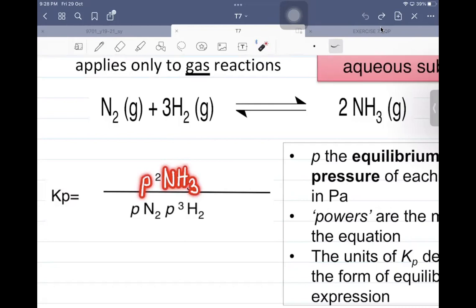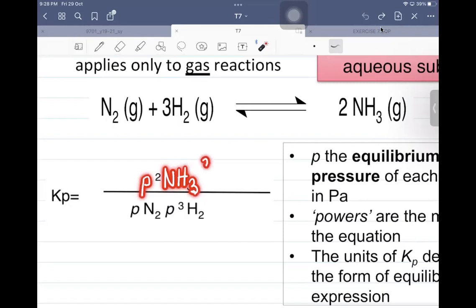Now for partial pressure, there is no bracket. Actually, there's no clear reason as to why they don't use bracket. We just write down P, and then the square, because there's 2 moles of ammonia being produced.